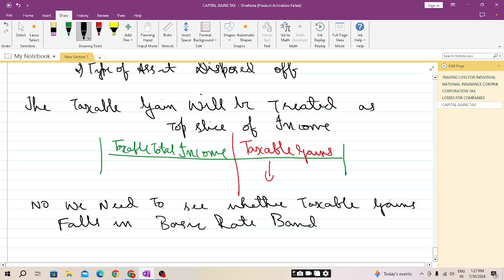After this, we need to see whether the taxable gain falls in the basic rate band or above the basic rate band.